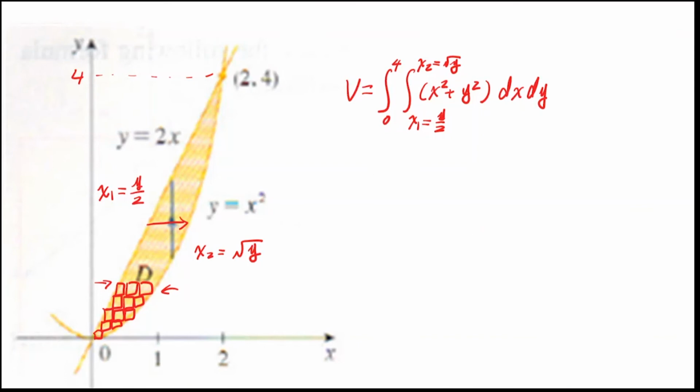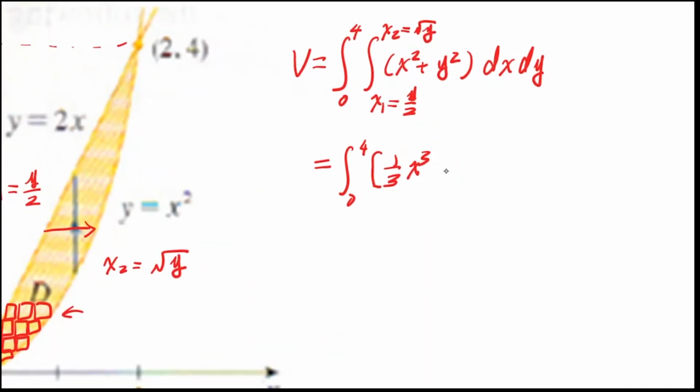Okay, then that's equal to 0 to 4. Now we evaluate with respect to x first. So this becomes x cubed, therefore 1/3, plus x y squared. That 3 looks weird. Wow, what is wrong with my writing today?